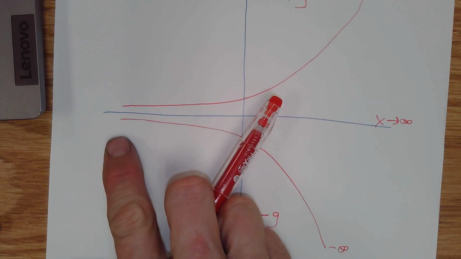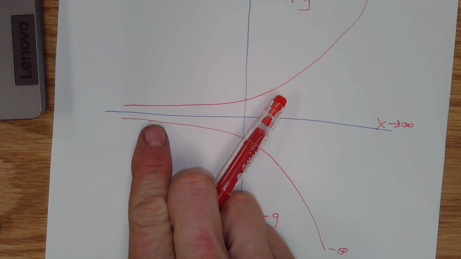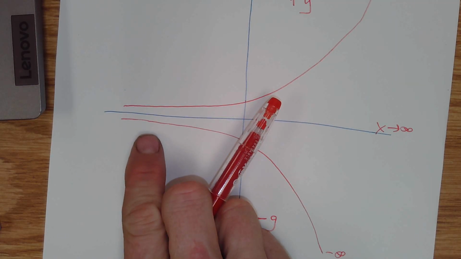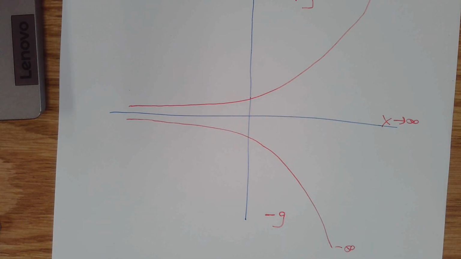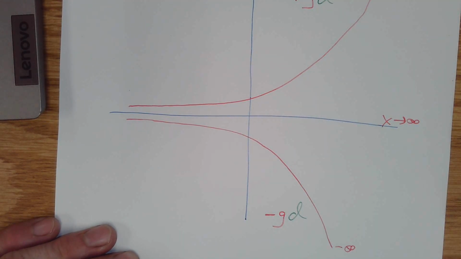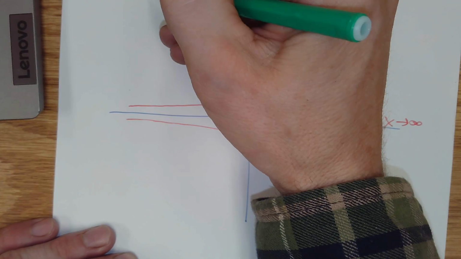And then on the other side, they're approaching an asymptote. In this case, the asymptote is 0. That asymptote is a line that the function gets closer and closer to, but never actually reaches. A decay does the opposite.